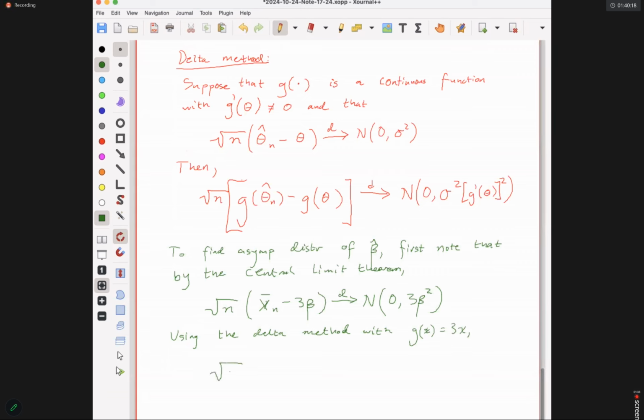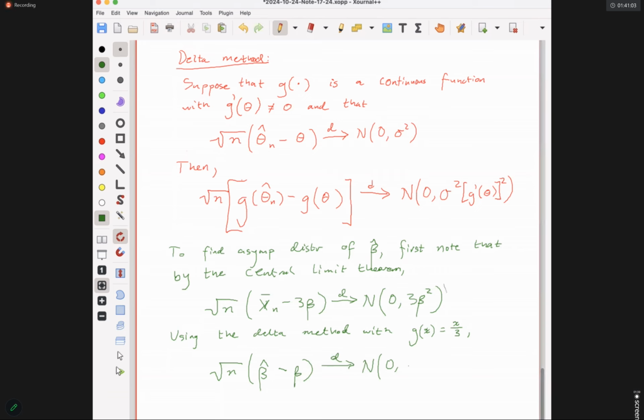We have that the square root of n times beta hat, because that's x bar over 3, minus this thing divided by 3, which is just beta, converges in distribution to a normal with mean 0, and variance this thing times g prime, which is just 1/3.